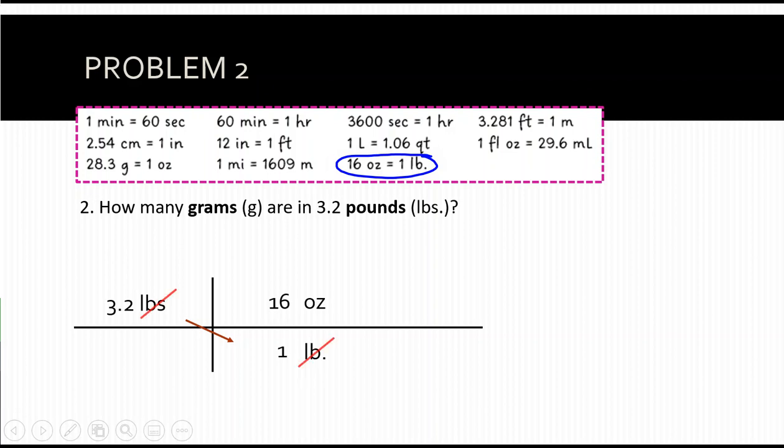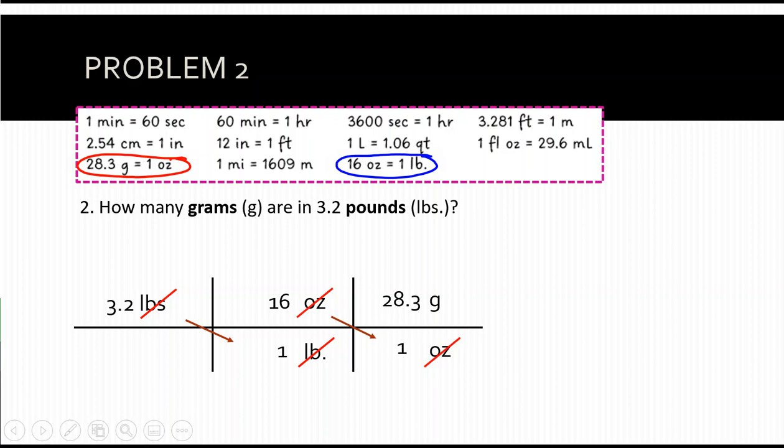Now, ounces isn't what I want though. I eventually need to get to grams. So I need to keep going. Now I diagonal down my ounces. Ounces go down. And if you look here, we have a conversion factor between ounces and grams we can use. So insert those, the 1 to 28.3.